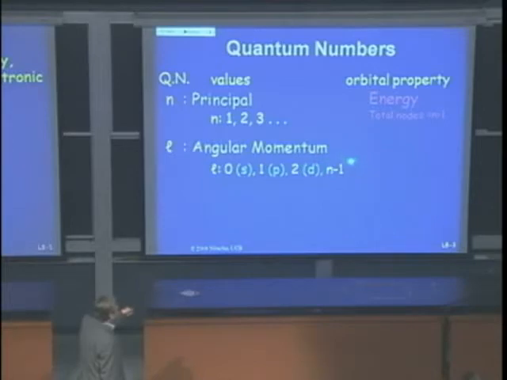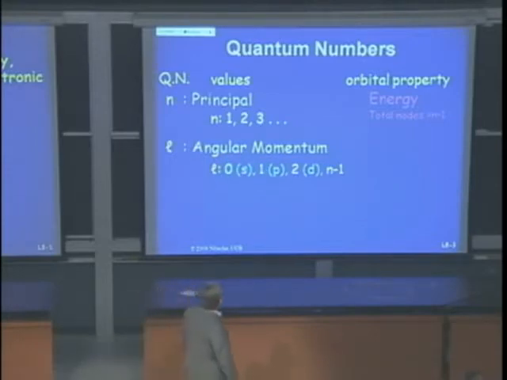It cannot be more than n minus 1. So if n equals 1, n minus 1 is 0, so you have only this L equals 0, and with this you have an s orbital. If L equals 2, that can only happen if n is 2 or larger. N equals 2, then you can have either an s or a p orbital because you have 0 and 1, okay?